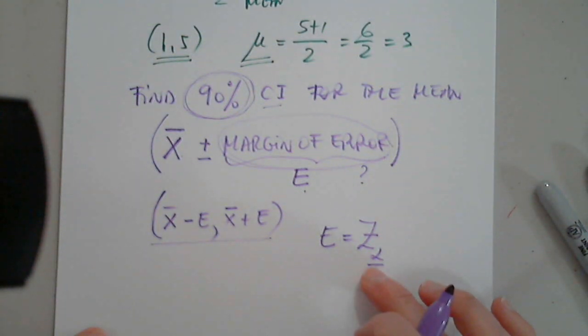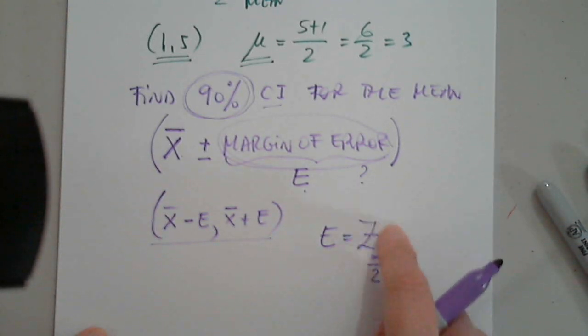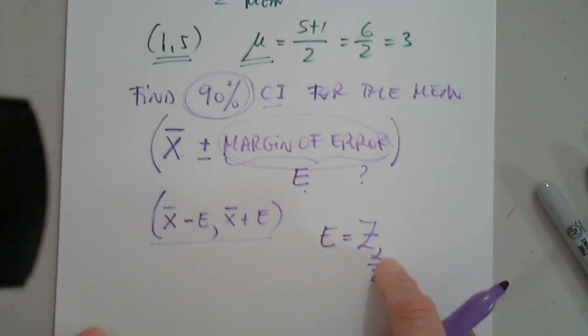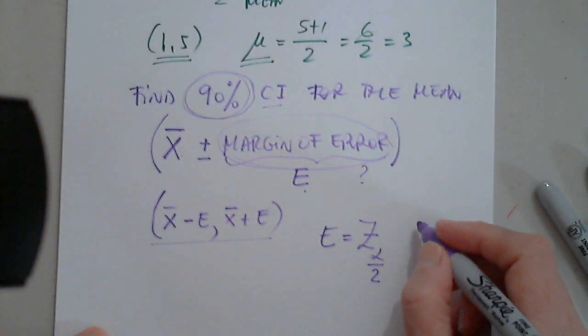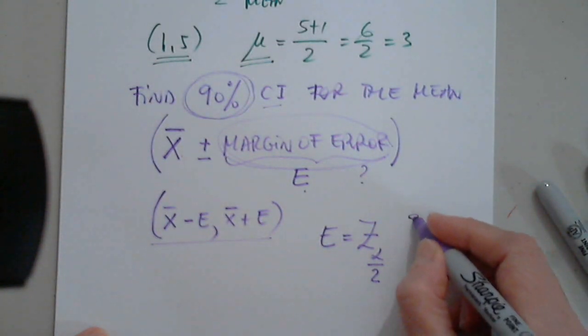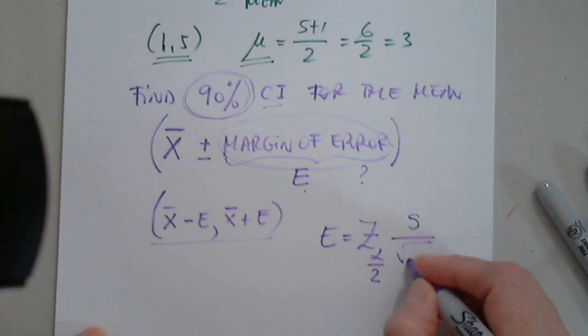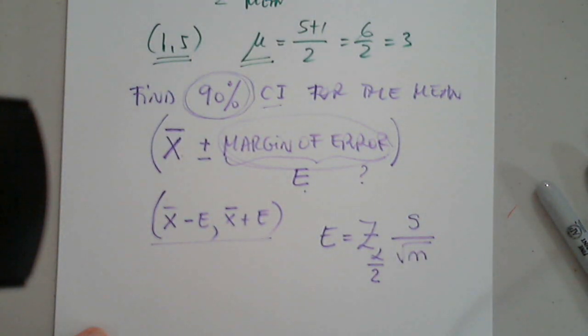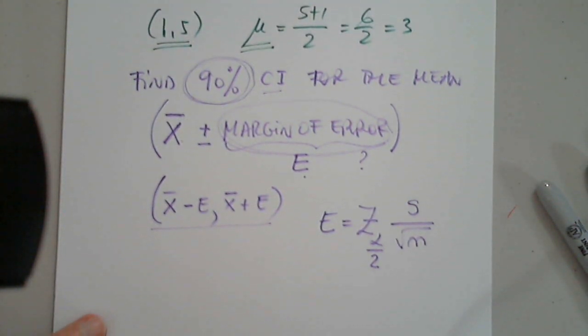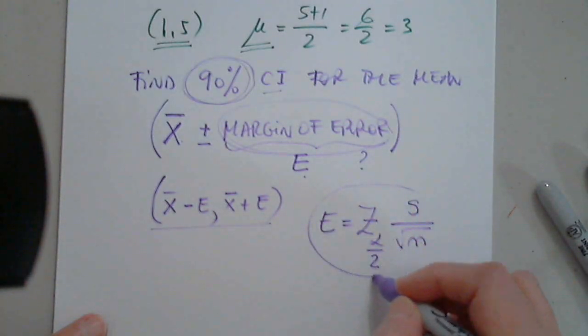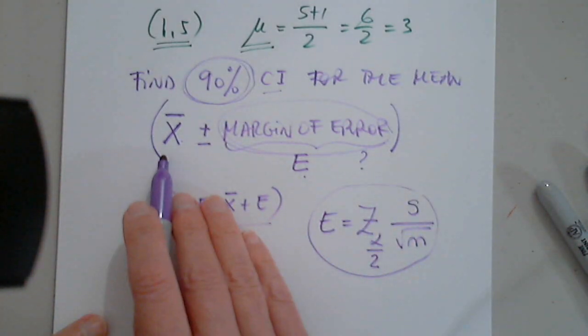StatCrunch calculates it differently than the book because they came up with some tables showing just the positive side, not the negative side. It's okay. And now here we have S over the square root of n. So this is the margin of error for the mean.